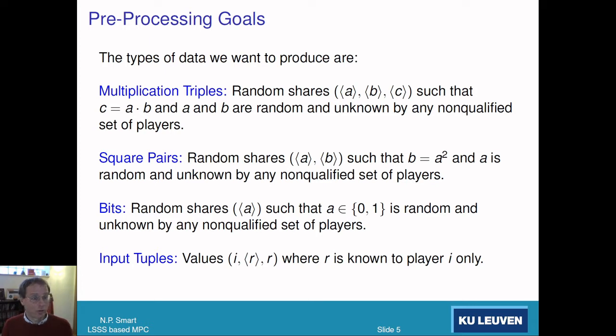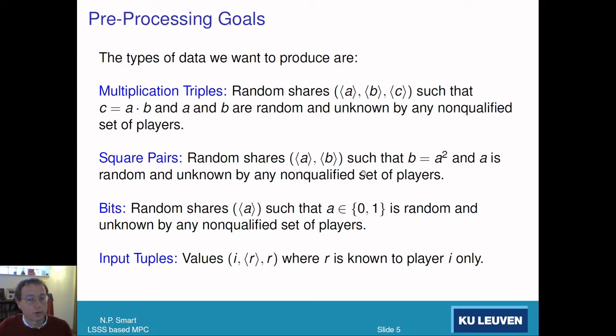So what are we trying to do in preprocessing? We're trying to produce four types of data. We're trying to produce what are called multiplication triples, which are a random sharing of a random value A, a random value B, and the sharing of their product, which we'll call C. Okay. So A and B are random, but A, B, and C are unknown to any non-qualified set of players. We also want to produce square pairs and random bits. A random bit is a sharing of a random bit in {0, 1}.